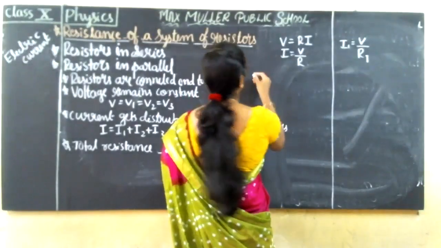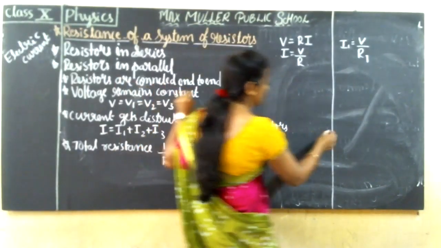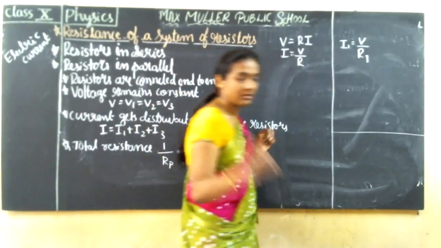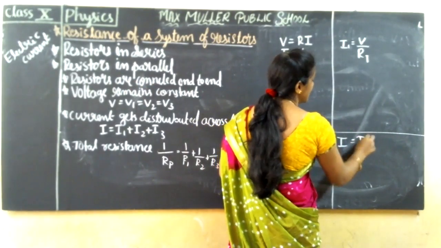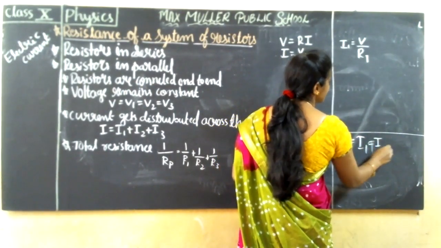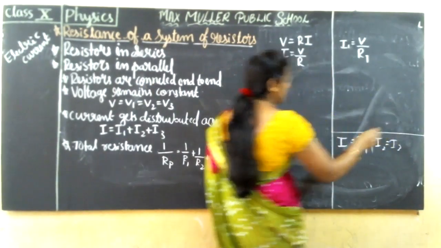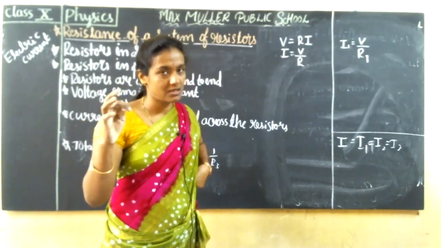Current remains the same means I1 is equal to I2 is equal to I3. When you say current remains the same, from one end of the circuit to the other, through all the resistors, the current is the same.